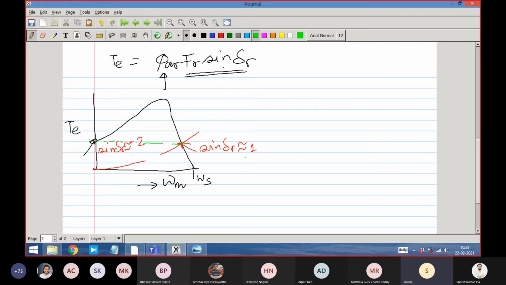Current will be about 5 times higher for the same torque. This is called rated torque or full load torque. This is called T rated, or T full load.